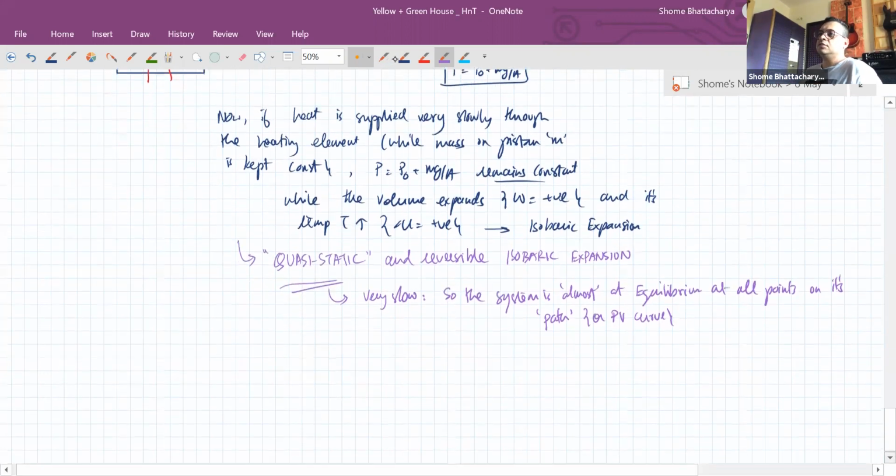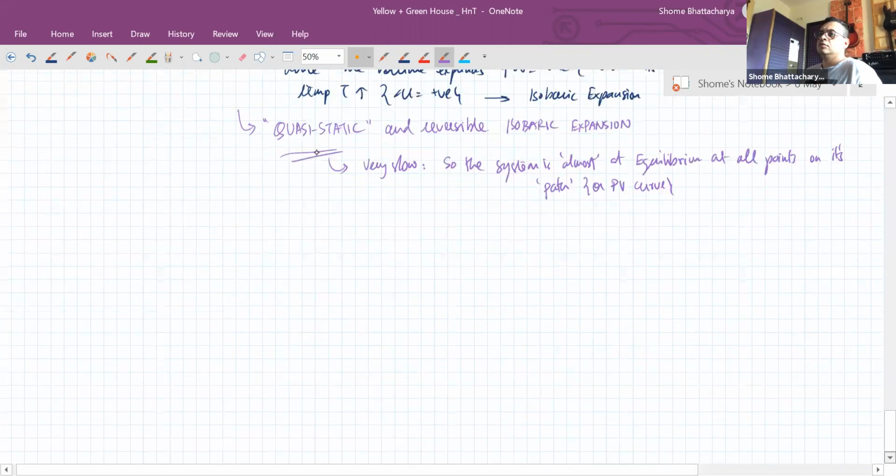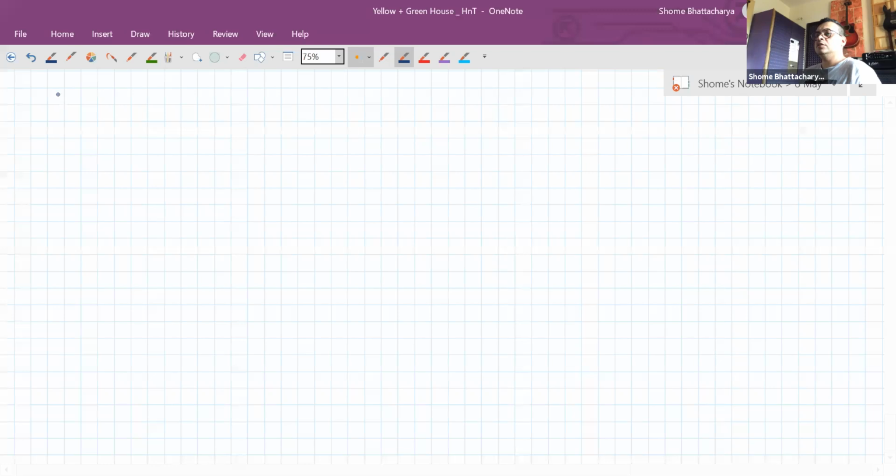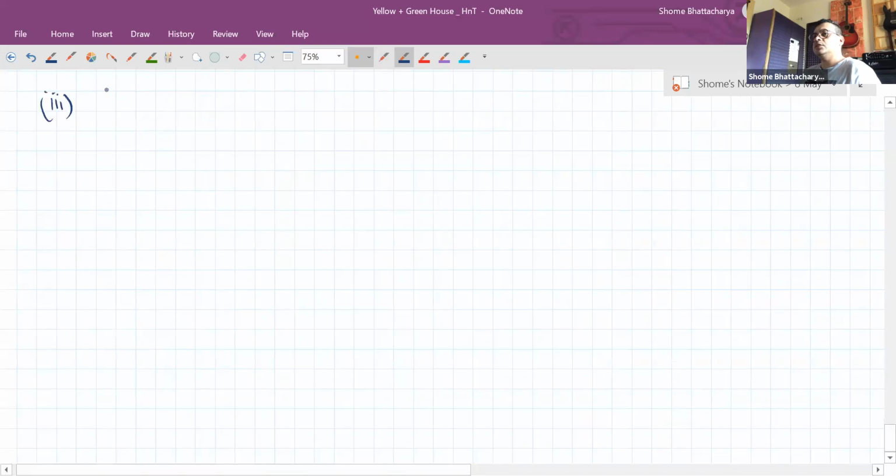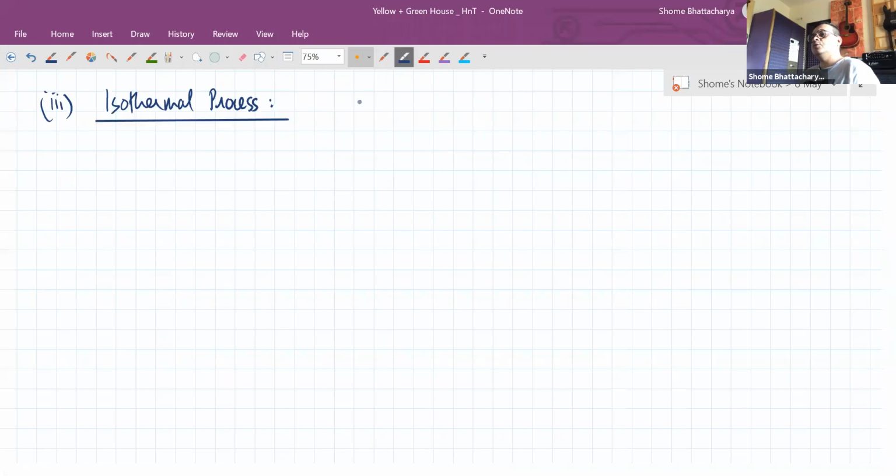Okay, similarly, next up, we will look at the third of the four standard processes, which is the isothermal process by name. Okay. So isothermal process is one where temperature is constant.